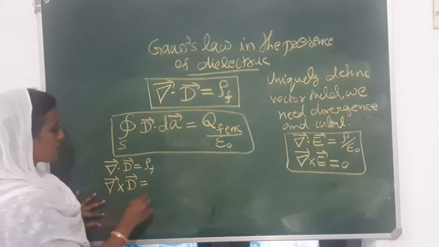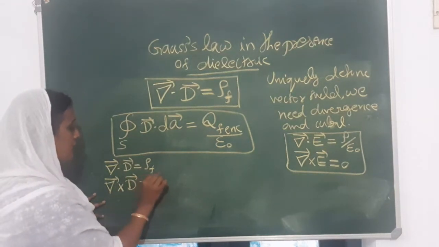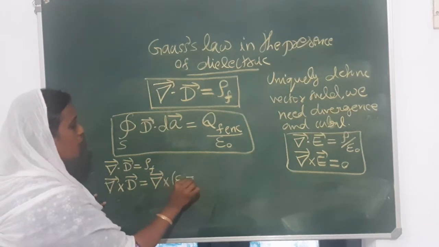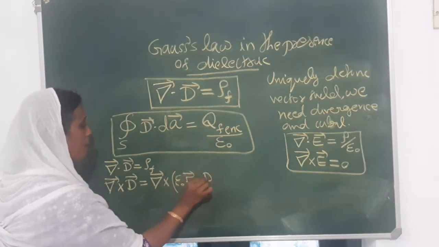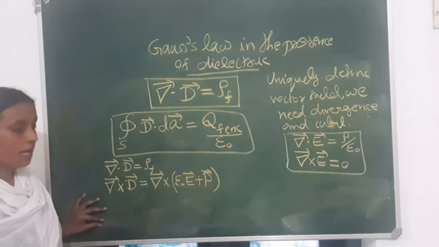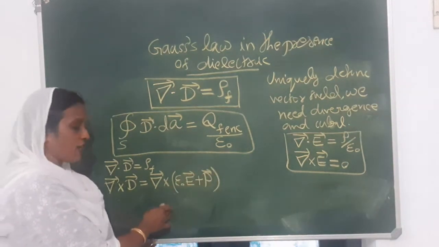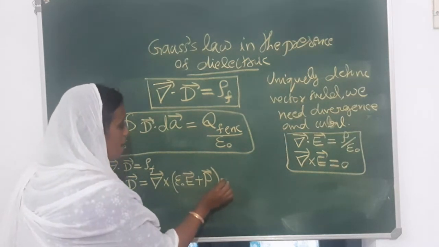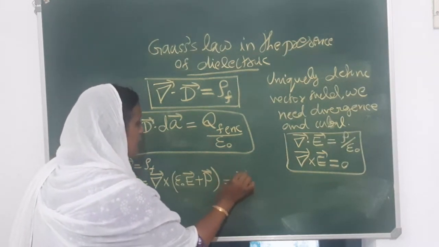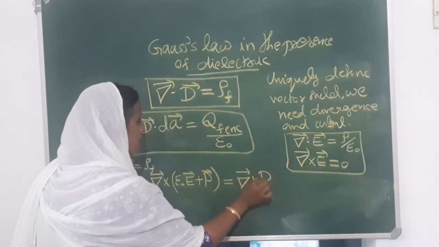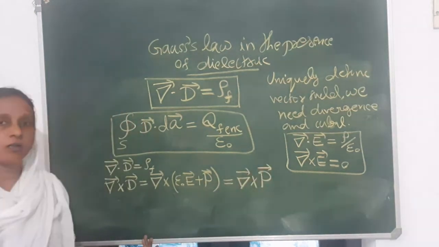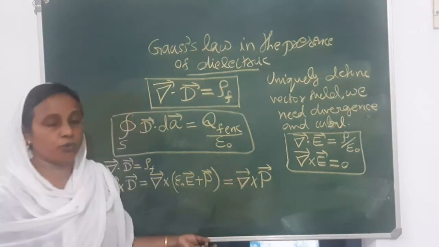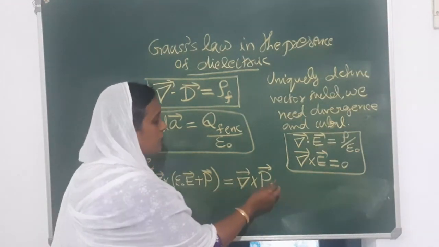From this, del cross D is del cross of epsilon 0 E plus P, the polarization. For electrostatic fields, you can assume the del cross E term is 0, but you have del cross P. We can't say that this is equal to 0. What is this del cross P?